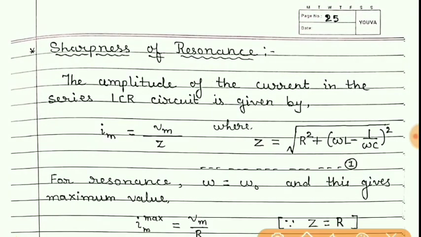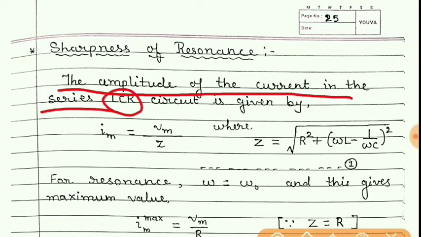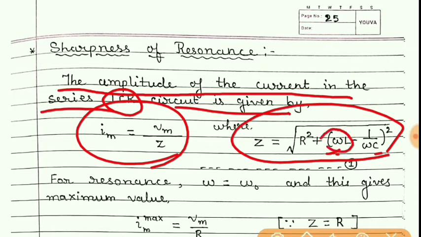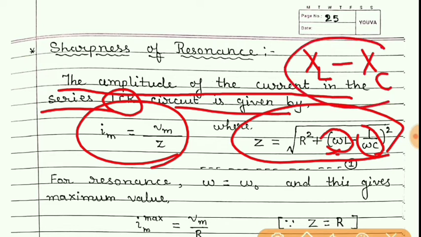Now students, the amplitude of the current in the series LCR circuit is given by this formula, which we have written earlier also, where Z is this value, where omega L is XL, and 1 upon omega C is XC. So it is XL minus XC.